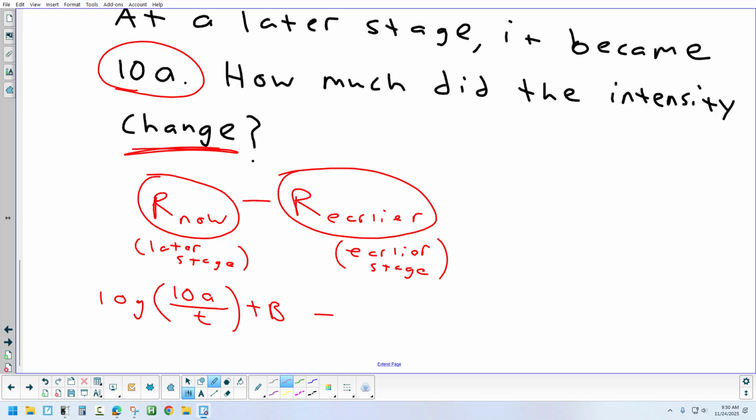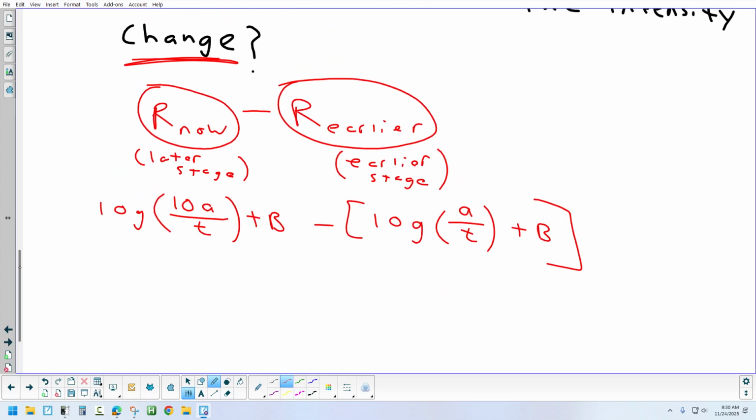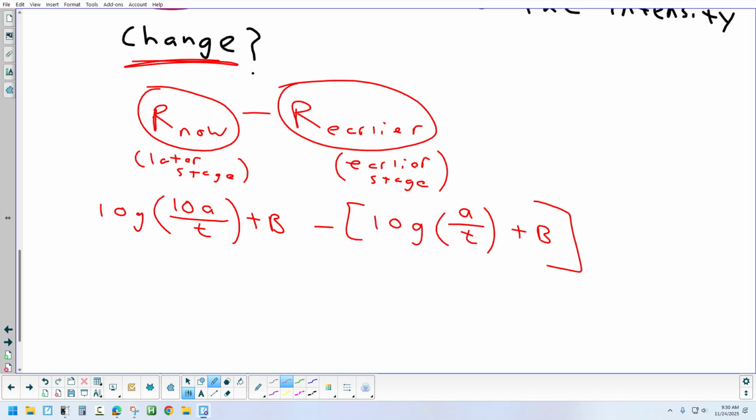A, yeah, just A. So log A over T plus B. So we have to figure out what that simplifies to, and whatever we get, that is the change in the intensity.